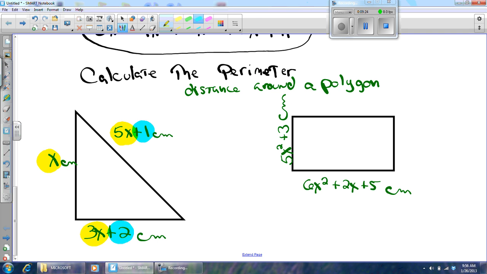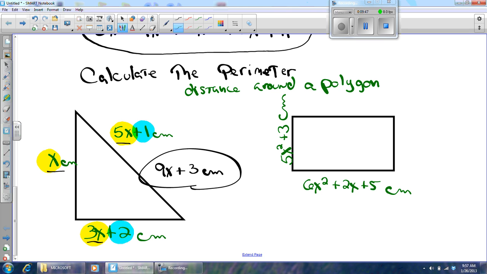Well, the perimeter of this polygon must be 9x, 5, 3, and 1 make 9 x's, doesn't it? Okay, so I have 9x, and then in blue I have two constants totaling 3 centimeters, and there is your perimeter, 9x plus 3 centimeters.